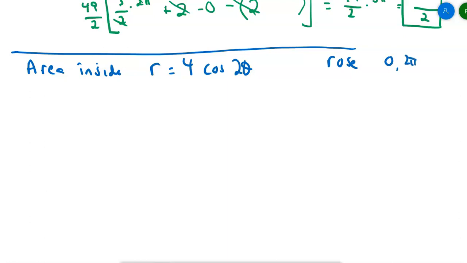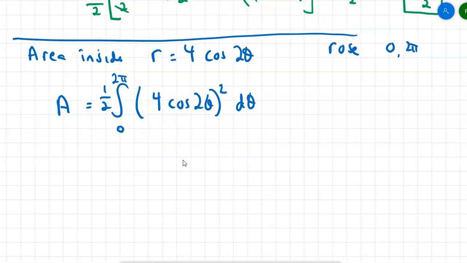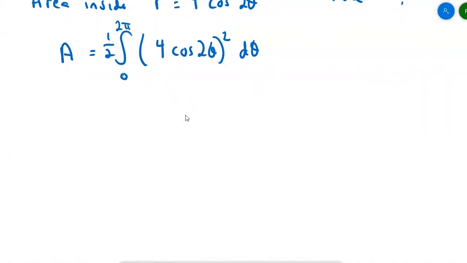Remember the formula for the area inside a polar curve, integral from a to b, in this case 0 to 2 pi, 1 half r squared, so 4 cosine of 2 theta squared d theta. All right, when I square this, don't forget I square the 4 and I get 16.